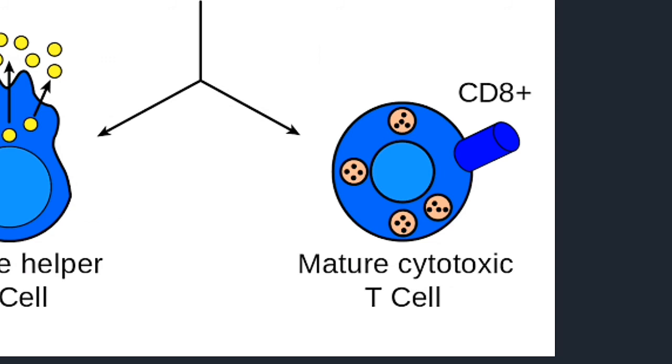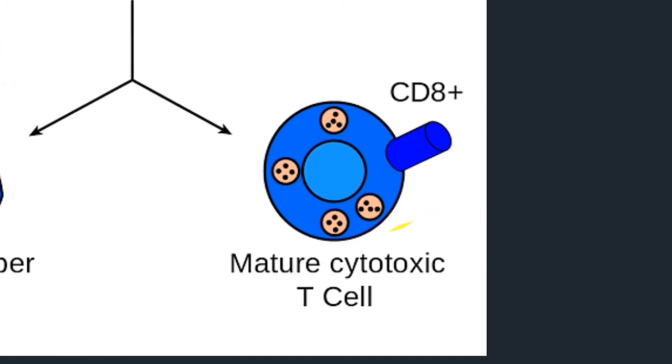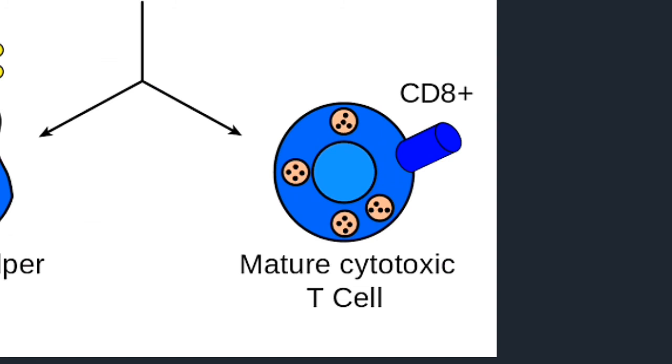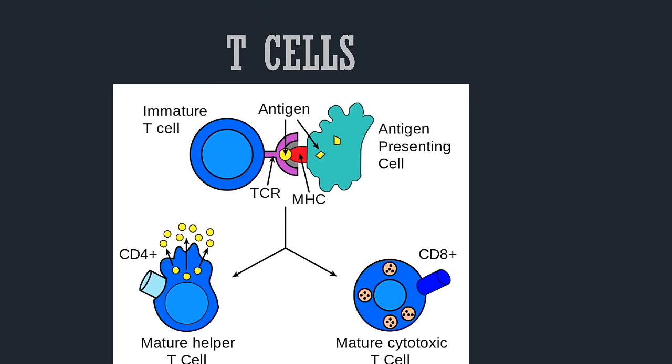Even if the virus has invaded just one cell, that virus is going to bust out and invade thousands of other cells. If it wasn't for these cytotoxic T cells, you would have a problem, and the virus could destroy tissues. So that's it. This is the antigen presentation of T cells.